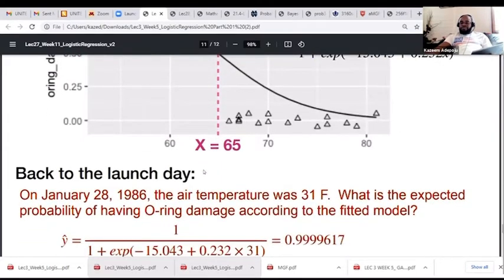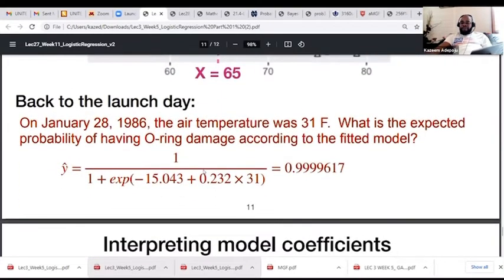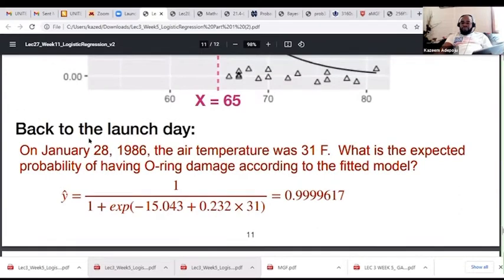So like I said, back to the launch day. On January 28, 1986, the temperature was actually 31 Fahrenheit. And what is the expected probability? Another thing I want to tell you now is the Y cap.